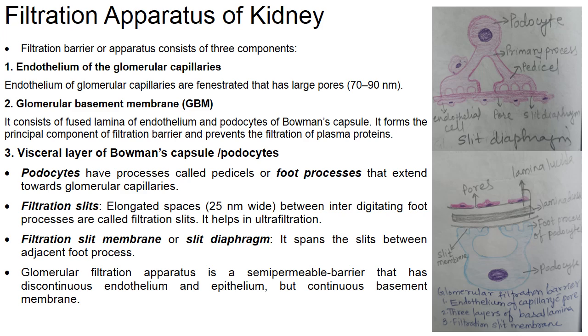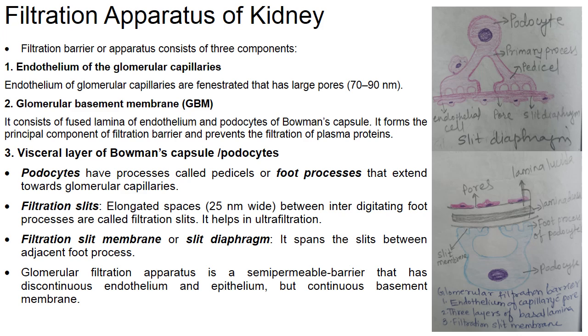Filtration apparatus of the kidney is formed by three components: endothelium of glomerular capillaries, glomerular basement membrane, and visceral layer of Bowman's capsule. So the endothelium of glomerular capillaries are fenestrated. They have large pores of about 70 to 90 nanometers.